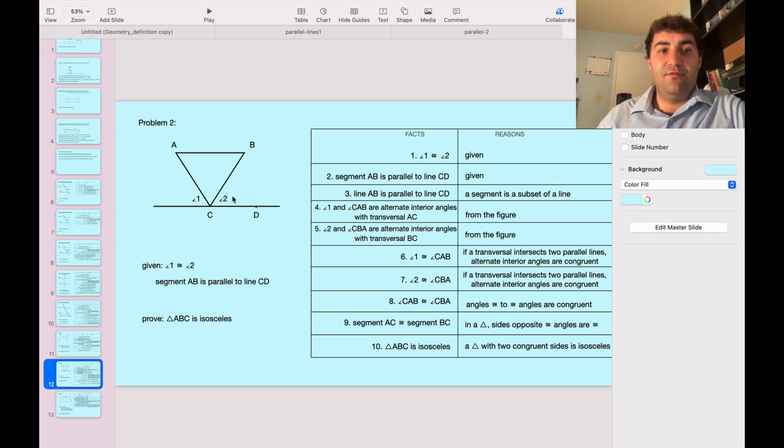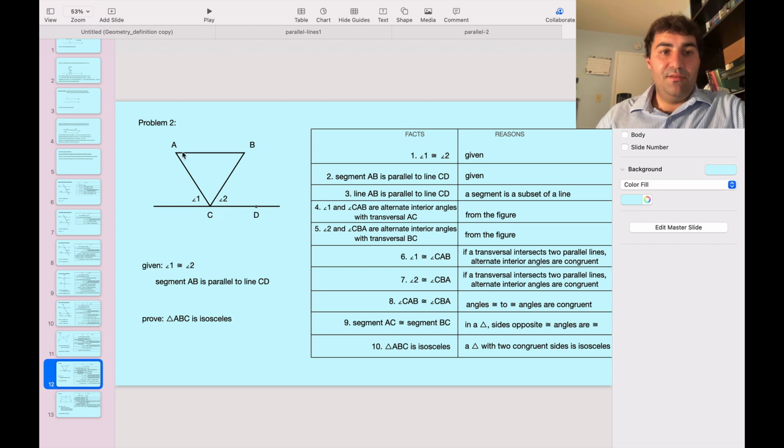We can do the same for angle 2 and angle CBA, using BC as a transversal. They're alternate interior angles, because they're both between these two lines and they're on opposite sides of the transversal BC.